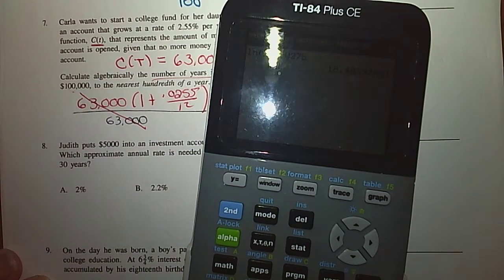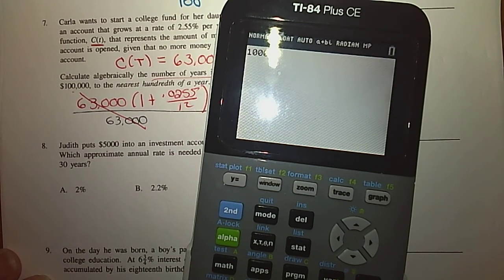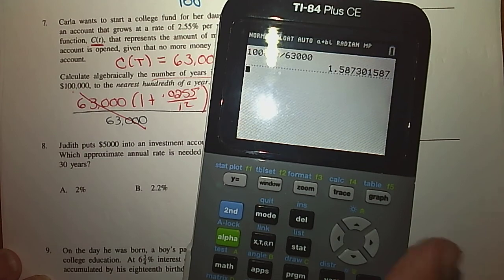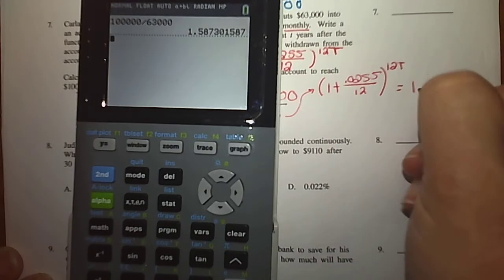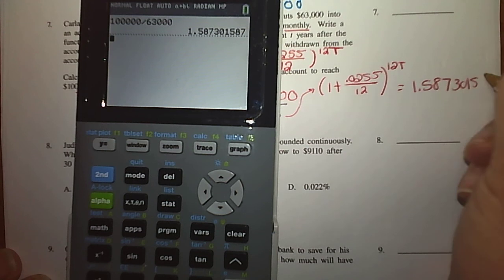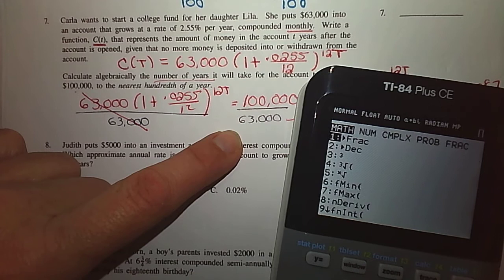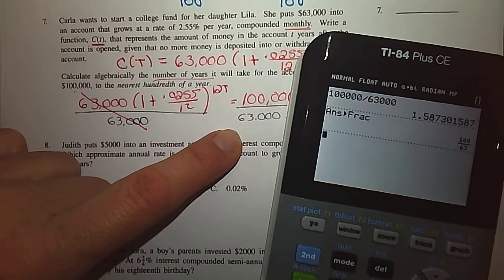All right. So let's do 100,000 divided by 63,000. All right. So that's 1.587301587, right? Or you can leave it as a fraction, 100 over 63.